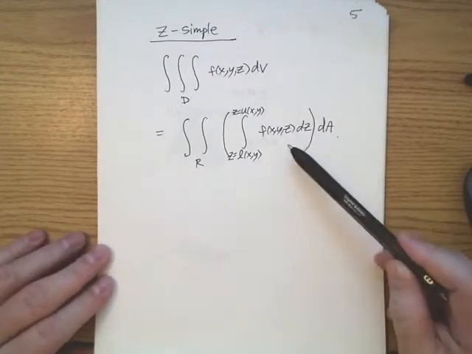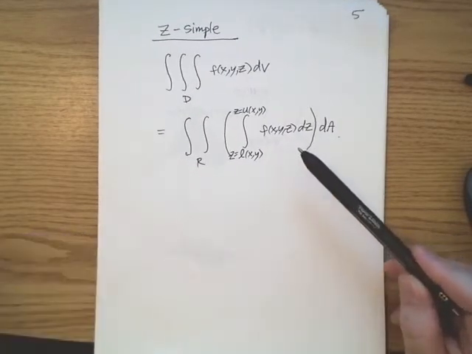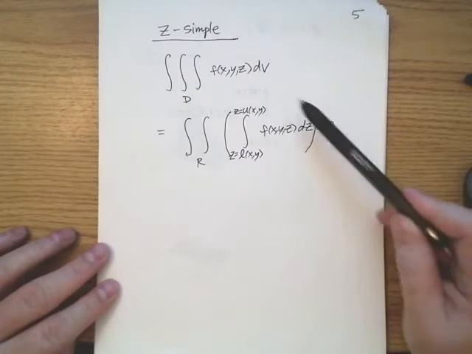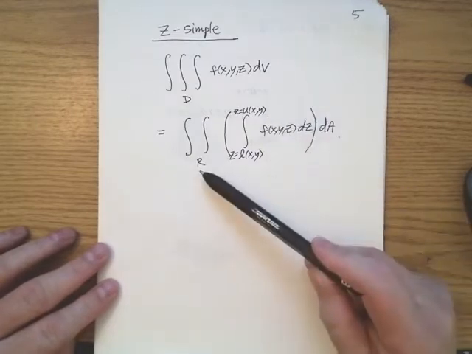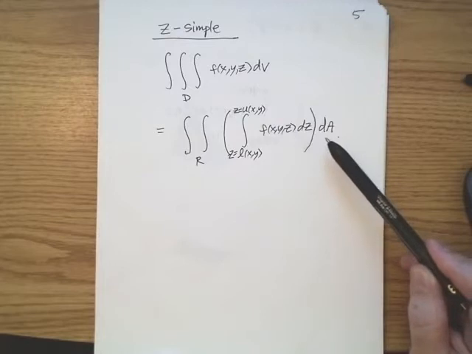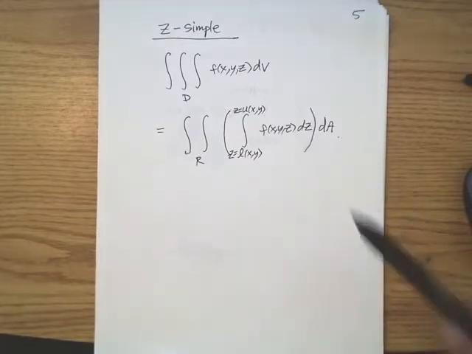And then once we get that result, which will be in general a function of both x and y, then we'll integrate that resulting function over the region R with respect to dx dy, or dy dx, depending on the order that appears to be easier.